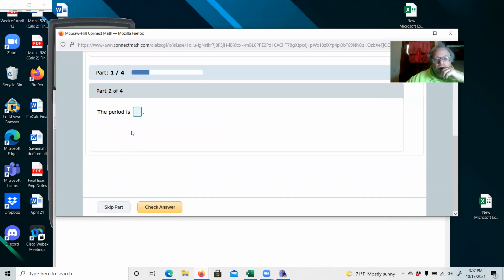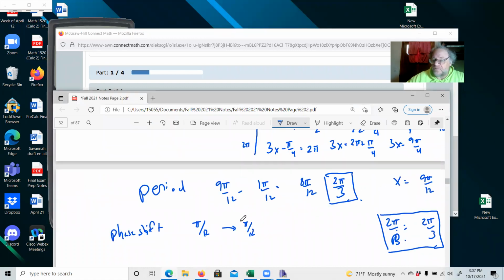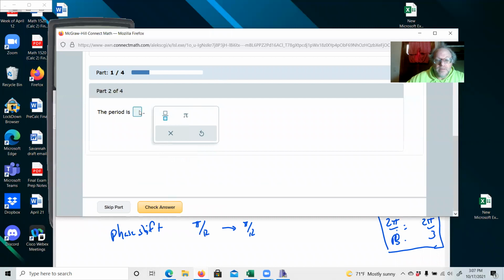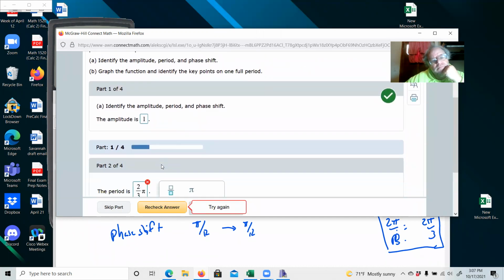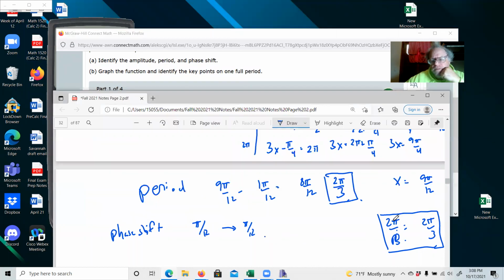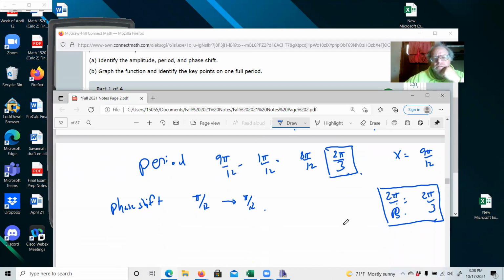Okay. Our period is, right, what did we say it was? It was 2 pi over 3. What did we calculate it was? It was 2 pi over 3. All right, so period is 2/3 pi. 9/12 is not 2/3.